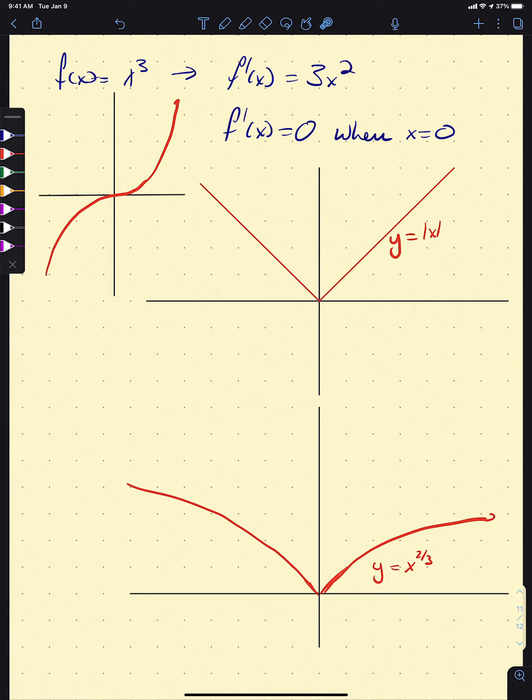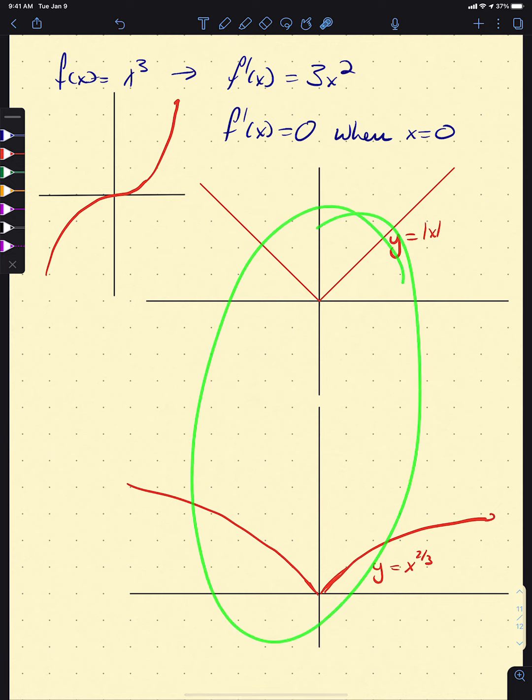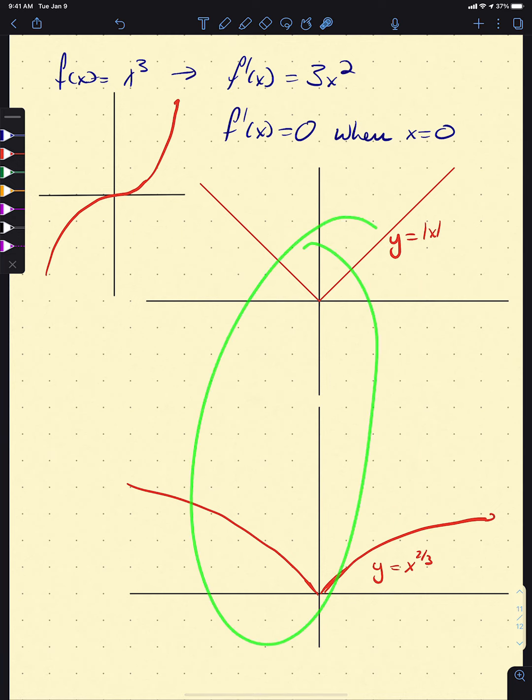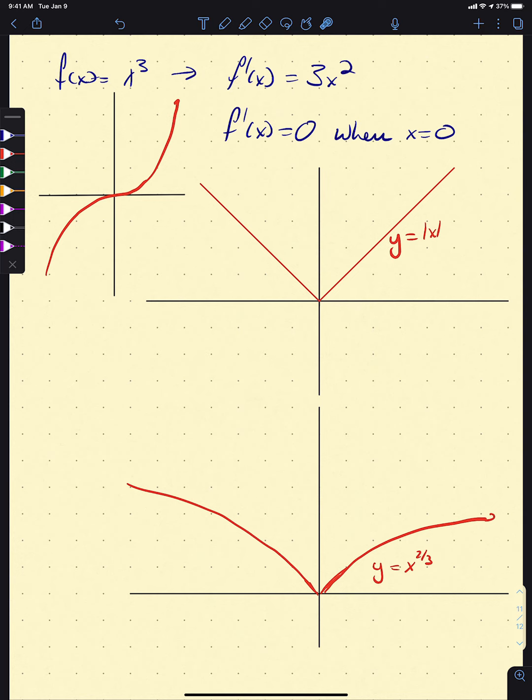But this should get our minds churning. Just as in the last point, our important points, the points that separated increasing from decreasing, those were the places where our derivative was 0 or didn't exist. And here we see where the derivative doesn't exist, we might sometimes get local minimums or maximums.